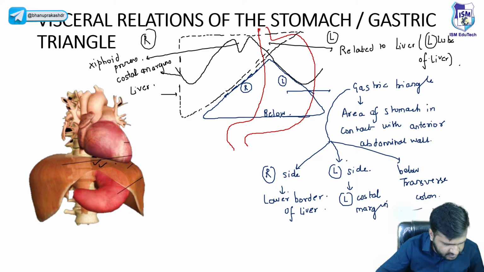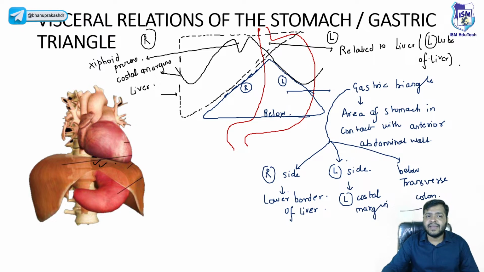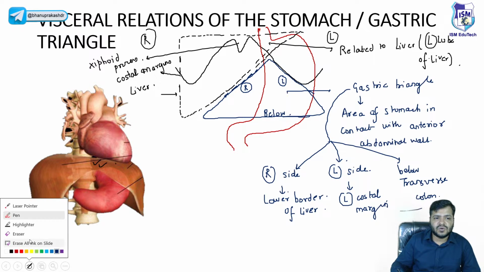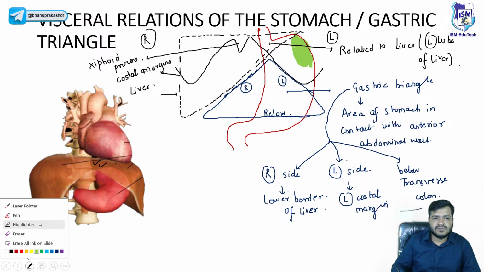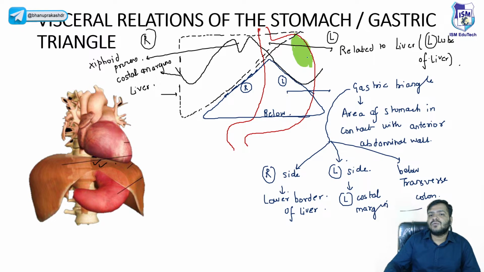The gastric triangle and the visceral relations are clear. And anterior relations of the fundus part are clear, I suppose. And this part of the stomach is more connected to the dome of the diaphragm. So yes, it is connected to the dome of the diaphragm.